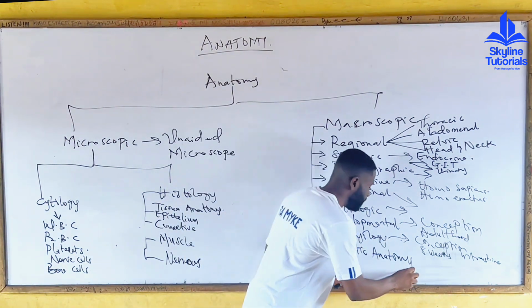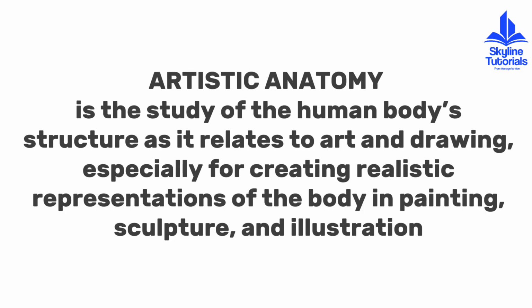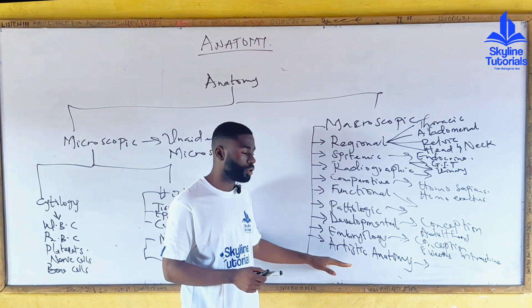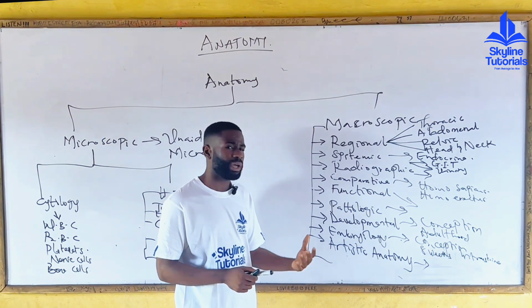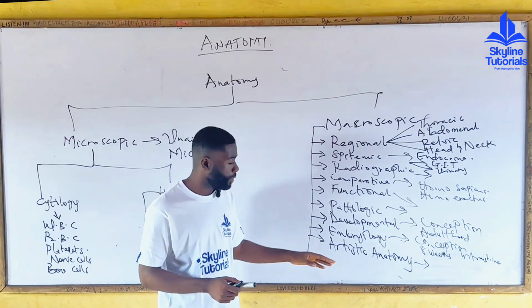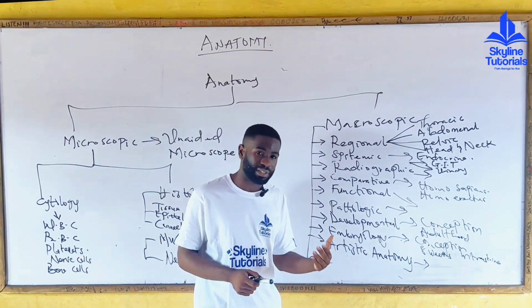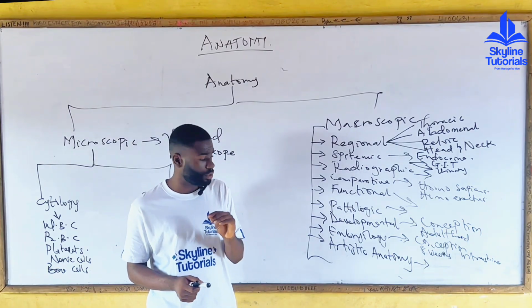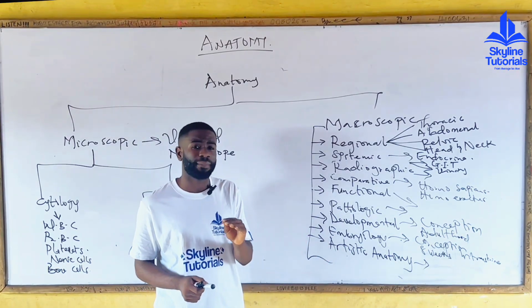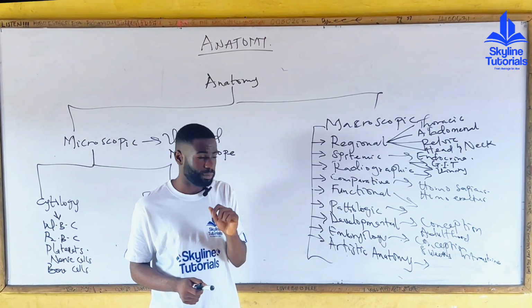The next we have is artistic anatomy. Artistic anatomy studies the structures of anatomy in relation to visual art, fine art, and lots more. In anatomy, we have what we call models. Models are sculptural representations that give the exactitude or similitude of a particular organ or part of the body system.